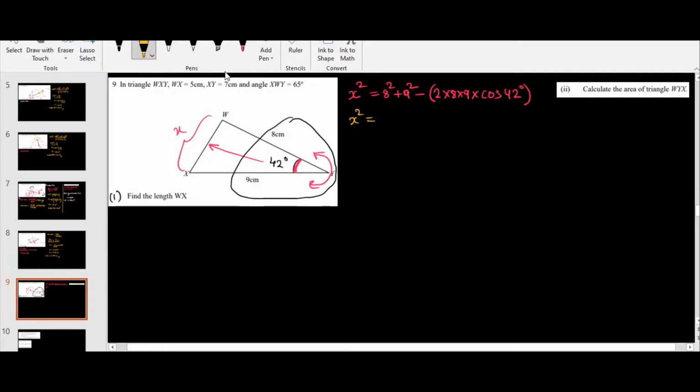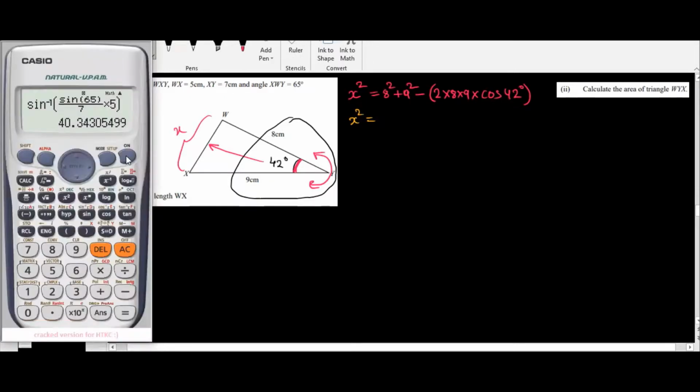equals, you can use directly the scientific calculator. So what is the value? I can write the values first. 8 square plus 9 square minus, don't forget to write the open bracket, then 2 multiply 8 multiply 9 multiply cos of 42 degree and close the bracket.